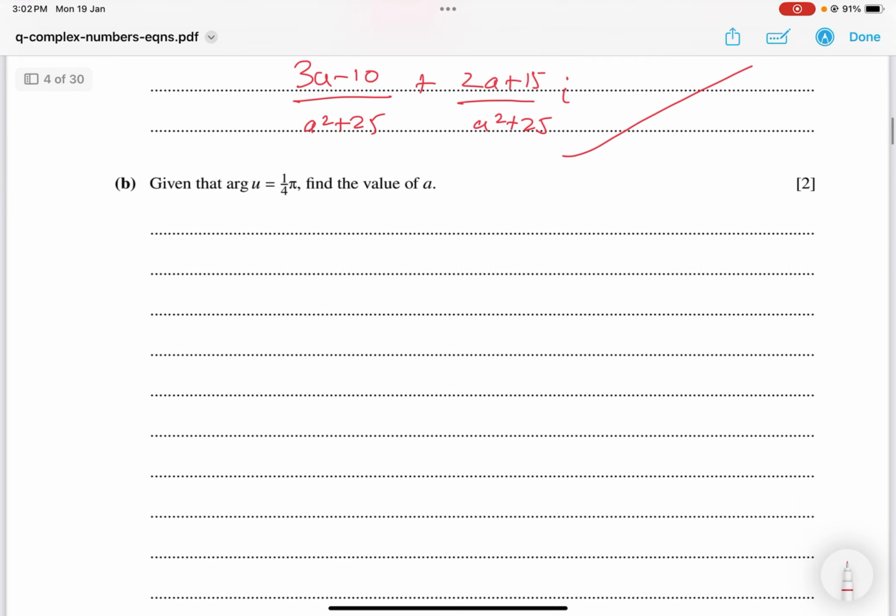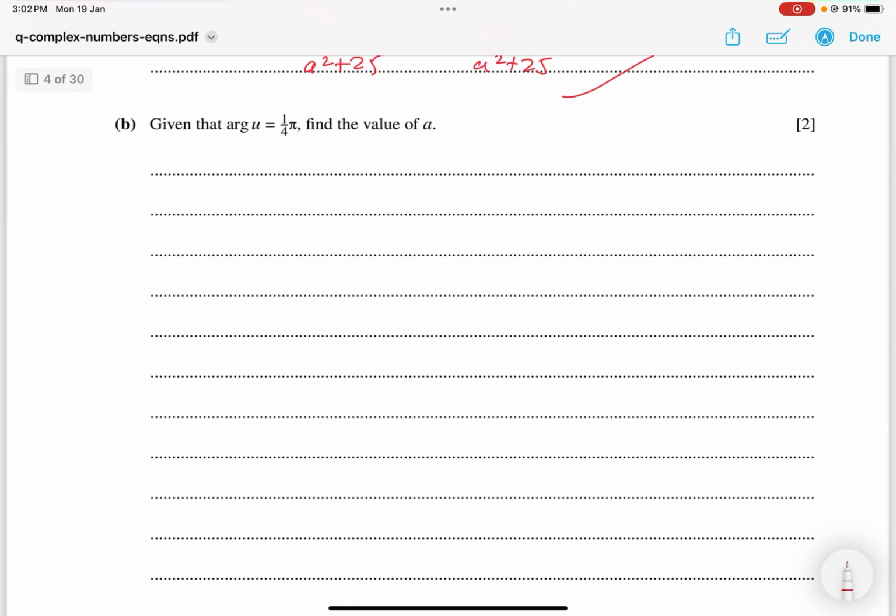This is your answer. Now, we have been given the argument. Argument of u is pi by 4. We have to calculate the value of a. Alright, all of us know that argument equals tan inverse y upon x.